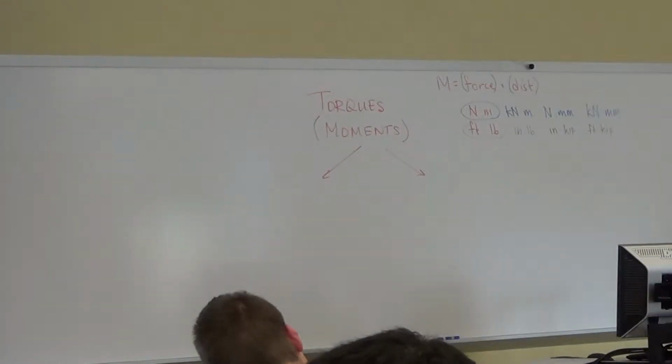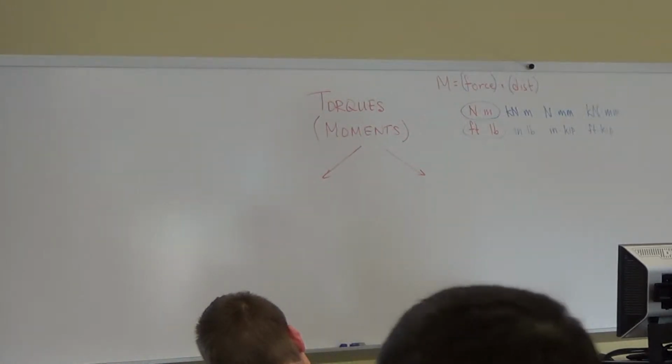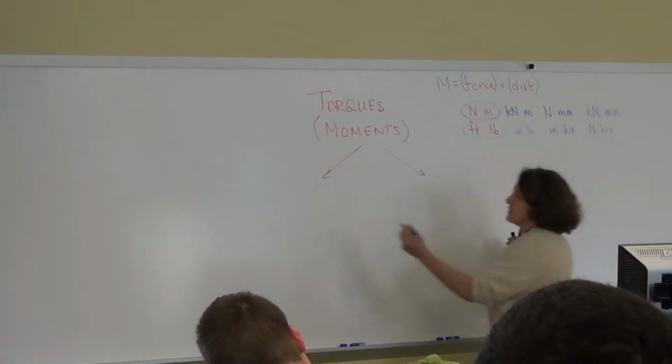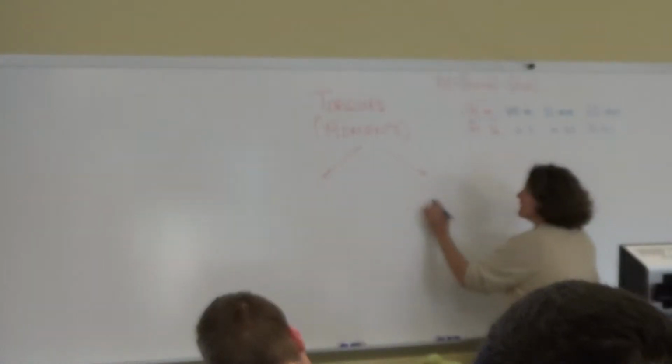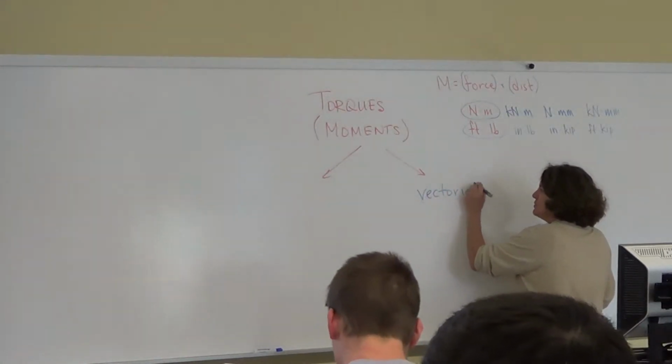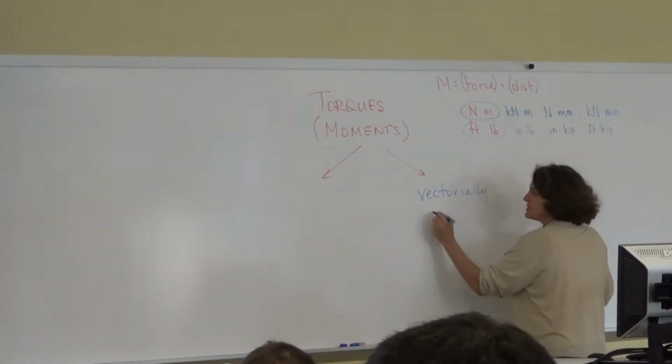So what we're doing is we're multiplying our force times the distance. And there are two different ways to solve for them. Which ways have you done it? How about this? Cross product. Great. So vectorially, you solve for it, and it was a cross product.